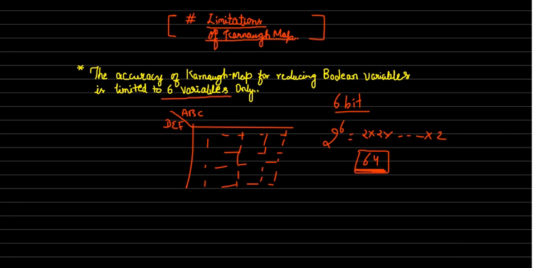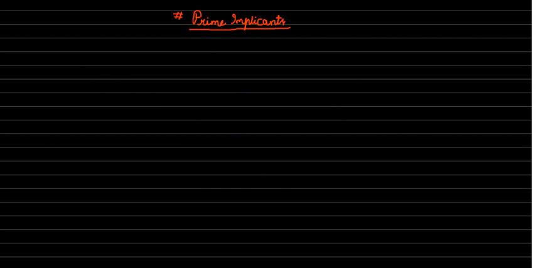To solve that level of simplification, we require something new, which is known as prime implicant. What is the prime implicant? The nature of the prime implicant is such that we make a table itself. So it works for any number of variables.